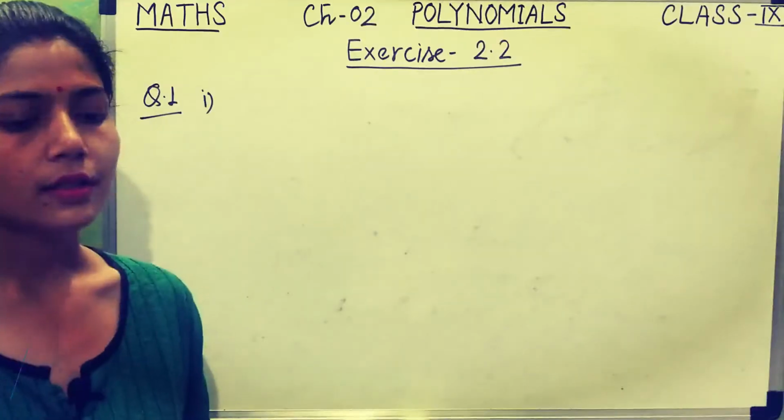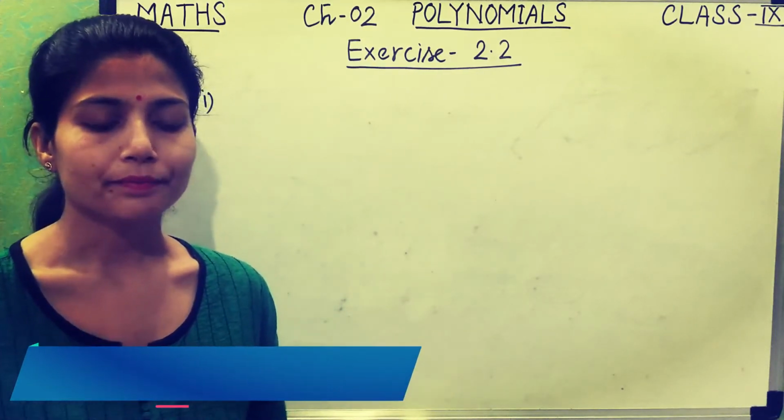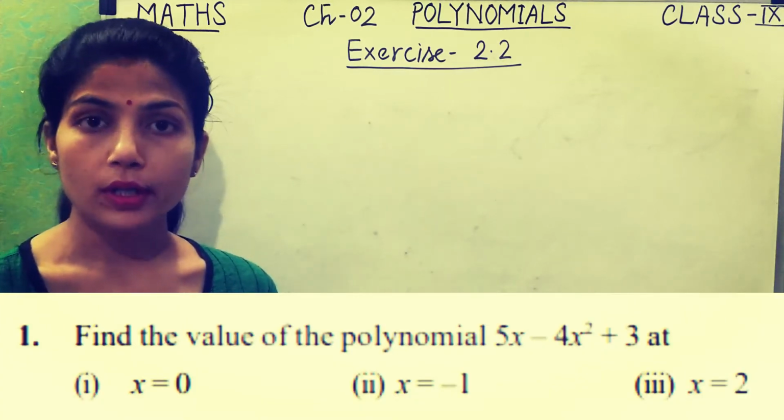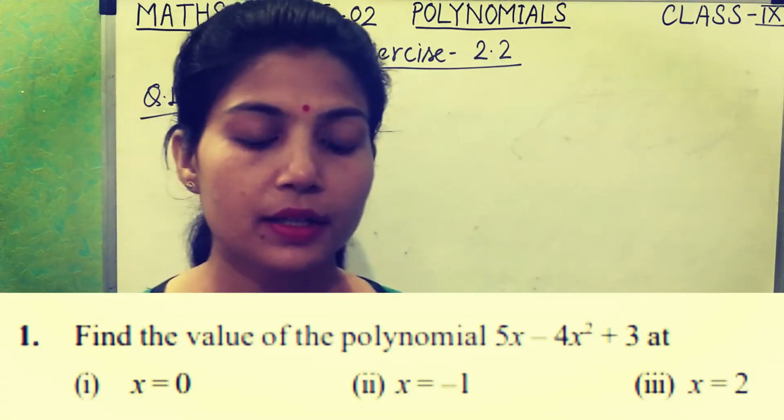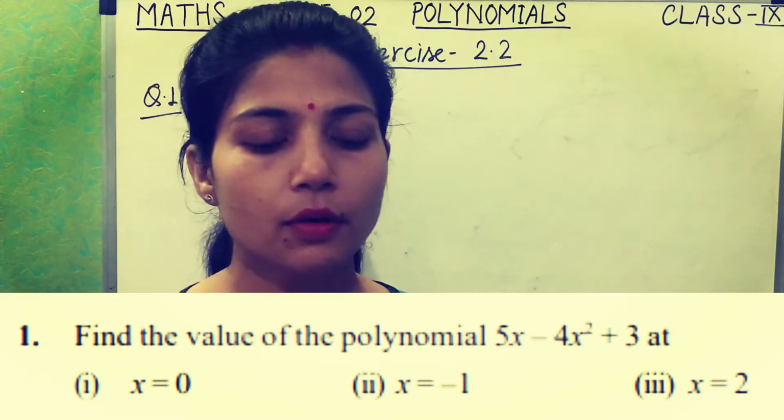Now let's discuss exercise 2.2. Look, question number 1. Find the value of the polynomial 5x minus 4x square plus 3 at the following values of the variable.